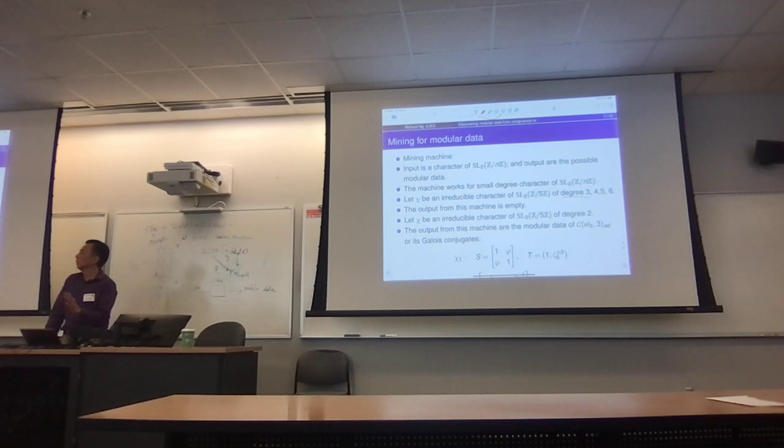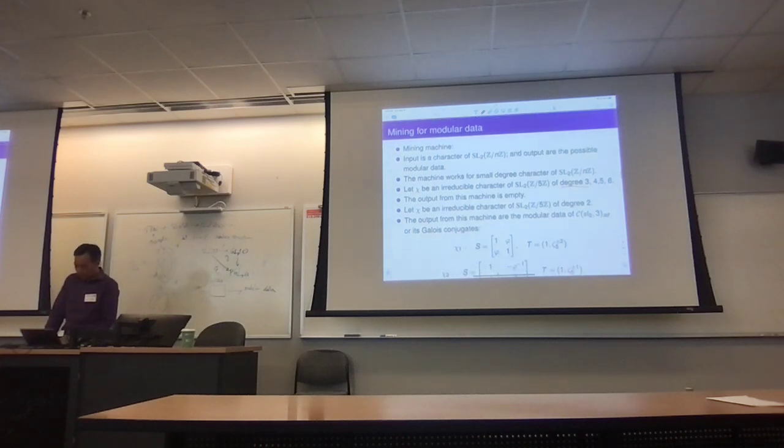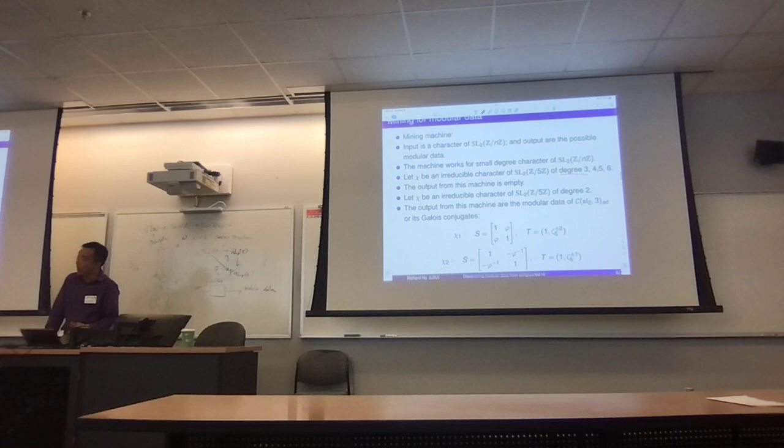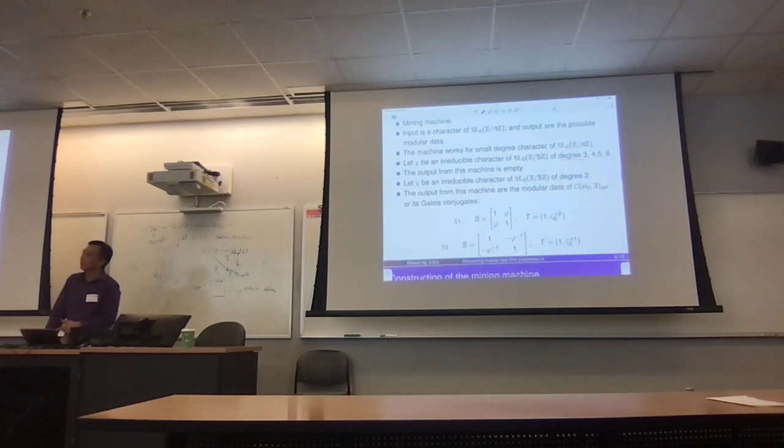That means you won't have anything: the empty set. If you take an irreducible character of degree 2, well, there are two of them. I call them chi1 and chi2. What you get is two modular data. What are they? Because some of you mentioned Fibonacci here, this is the Fibonacci modular tensor category, and they are Galois conjugate.